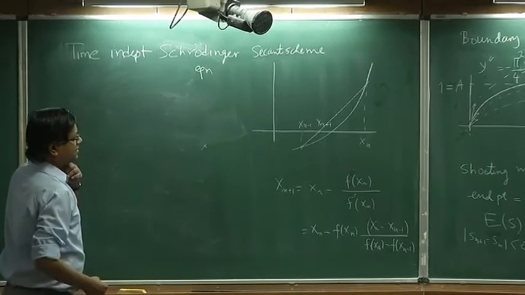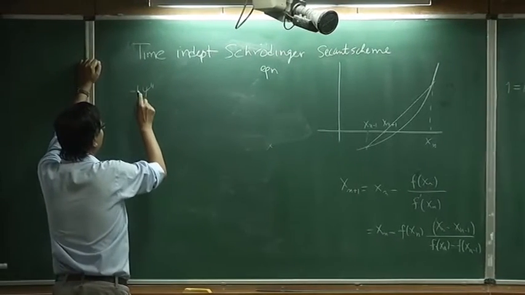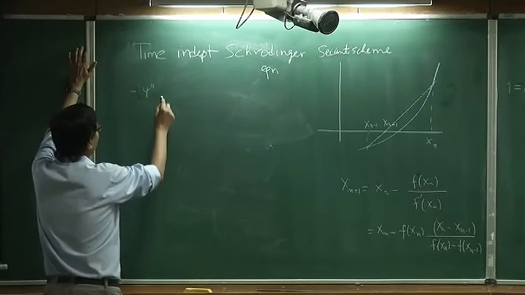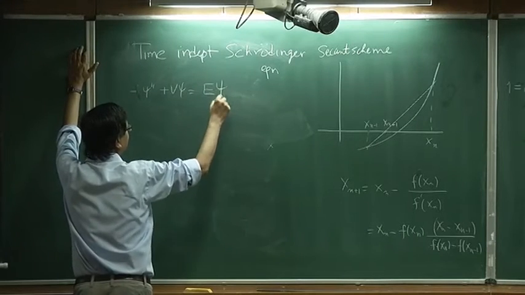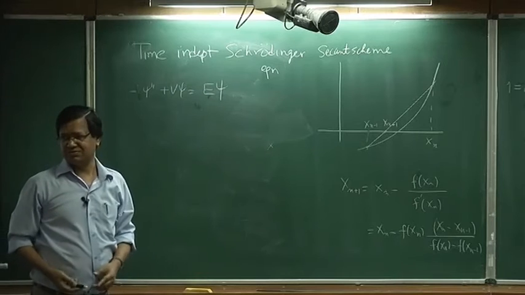Okay. So it is psi double prime, I will remove the h bar squared over 2m and all that, plus V psi equals E psi. So E is the eigenvalue and psi is my eigenfunction.